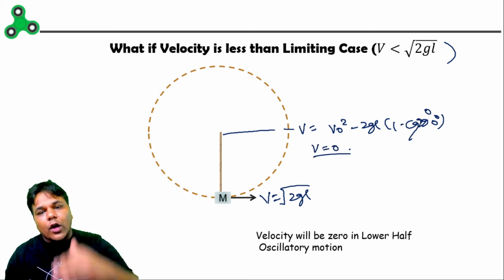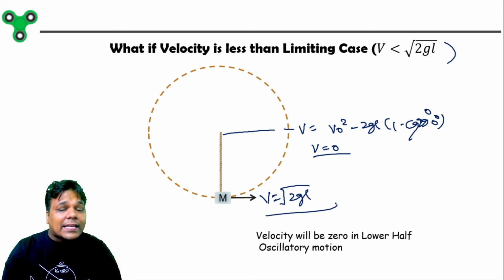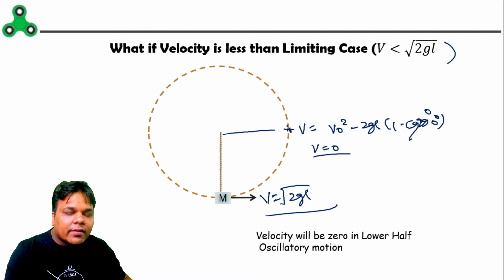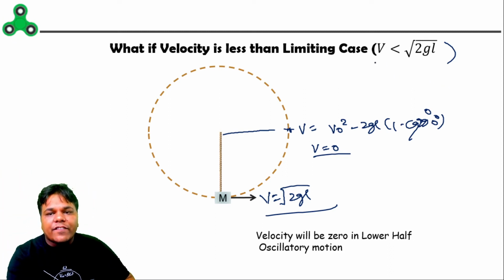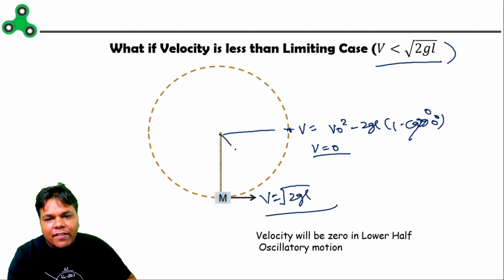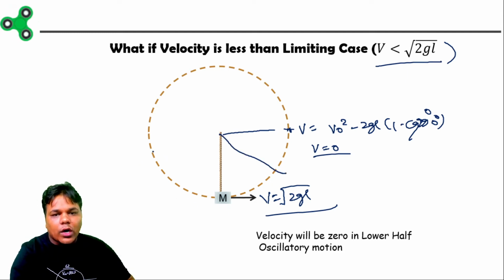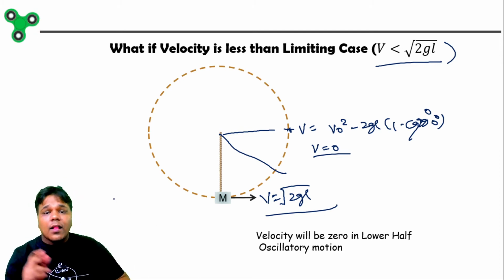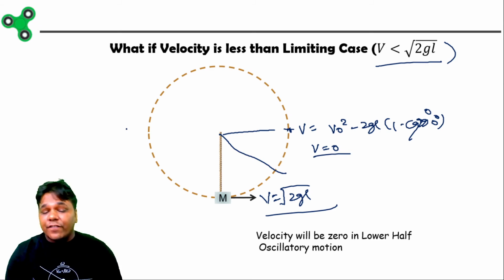So if velocity is equal to root 2gL, then the particle can reach maximum up to that point only, not above that. What if velocity is less than that? The particle will oscillate in the lower half. Oscillate, guys, like this. It will not reach the upper half. That is our first criterion.